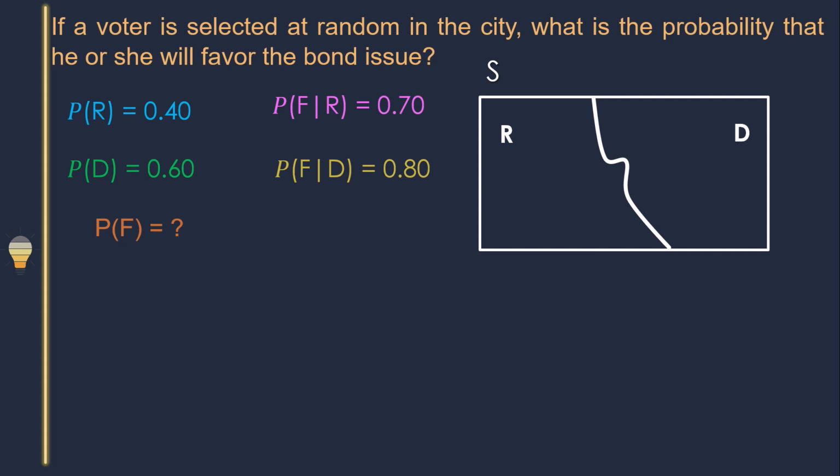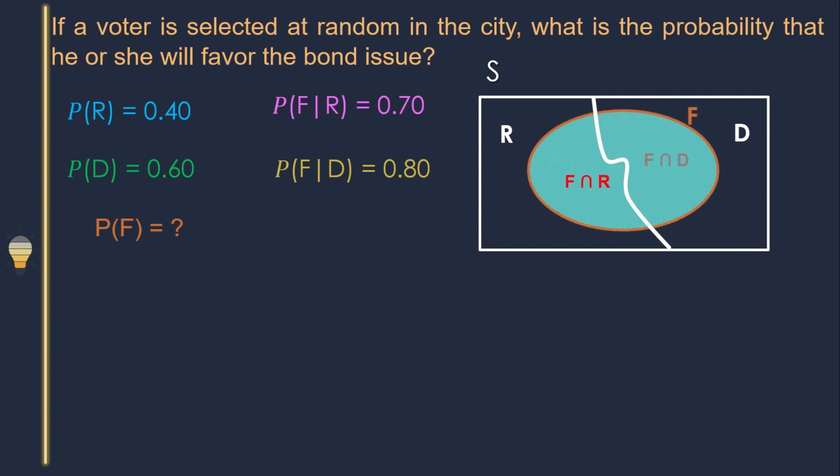Some people in Republicans favor the bond issue, and similarly in the Democrat group, some people favor the bond issue. Therefore, I can show the F like this.